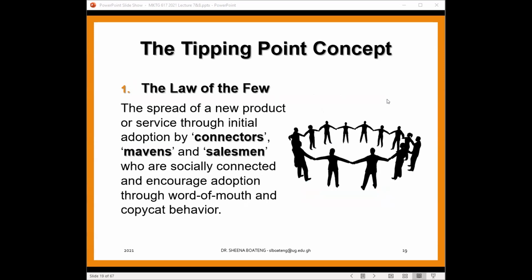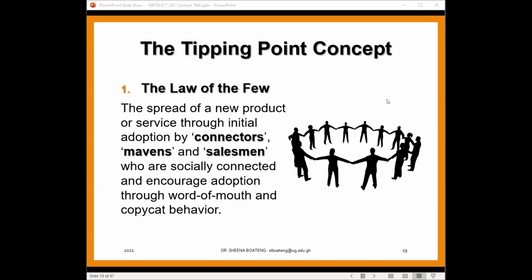Now, the law of the few talks about how there's the idea of a new product and its adoption spreads by means of individuals who are socially connected to a certain number of people by means of a particular network.